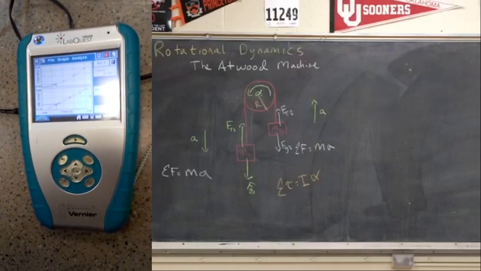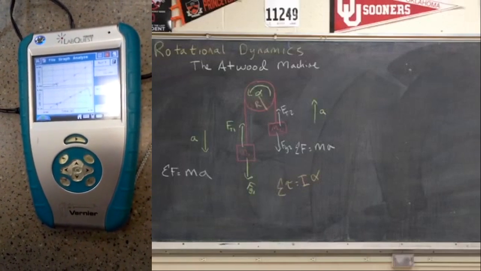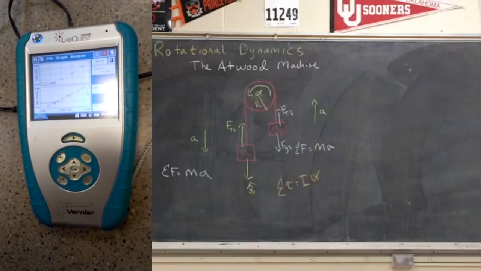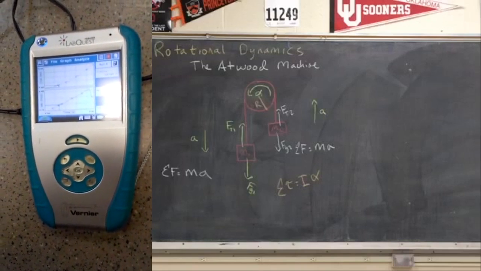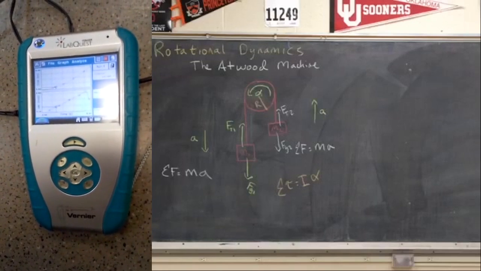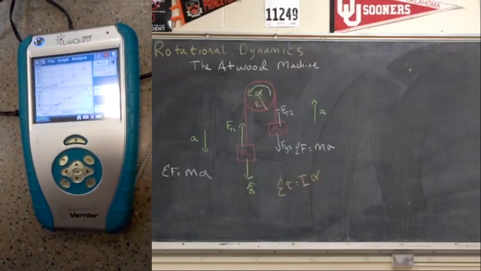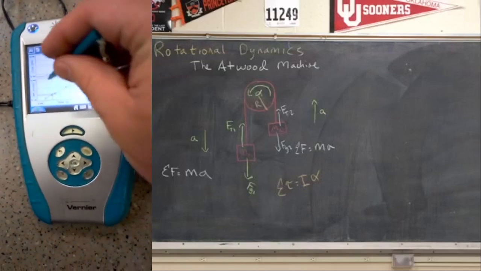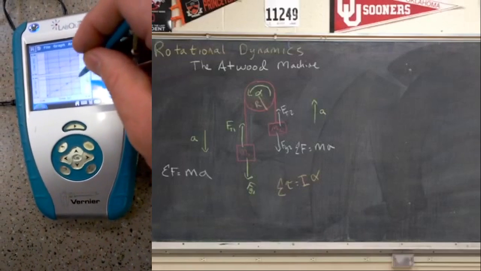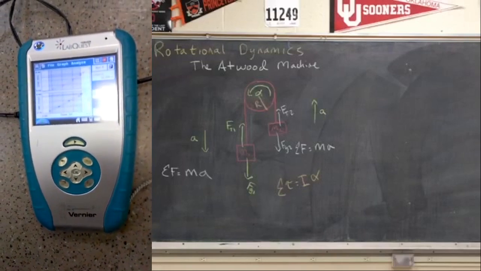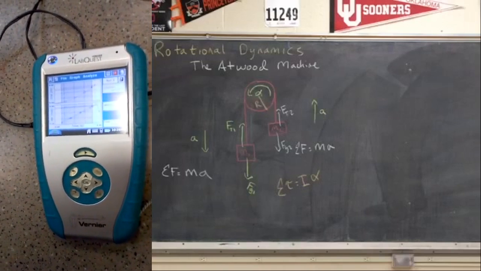So here's our data. We've got a parabolic distance-time graph on top and a linear velocity-time graph on the bottom. And the slope of that velocity-time graph will be the acceleration we want. So we need to select the data we want, and that'll be everything before the hit. So that should be a good region of the graph right there.